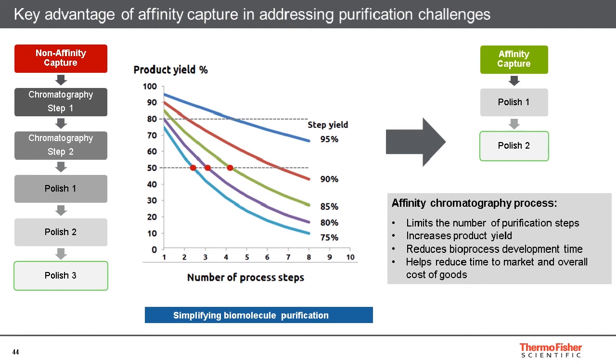And in viral applications, obviously, you do not have common empirical affinity solutions such as protein A. Therefore, more often than not, there's a need for a very high number of purification steps, particularly if the product is for human injection.